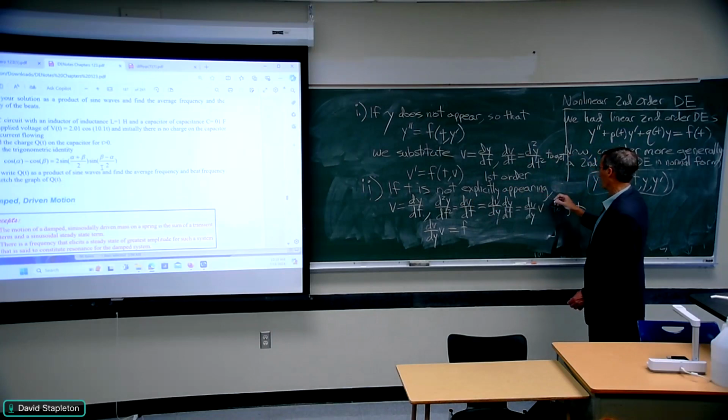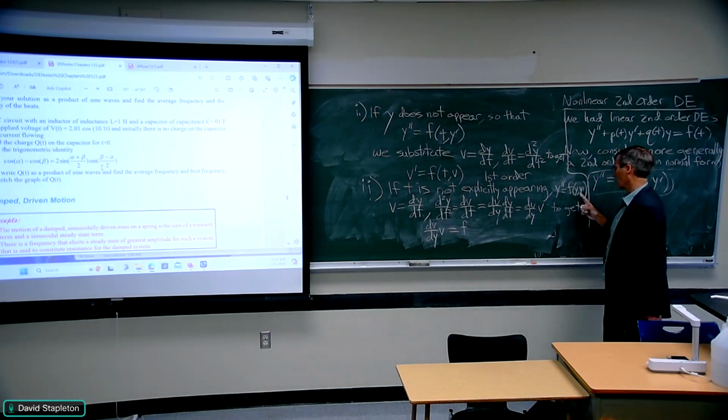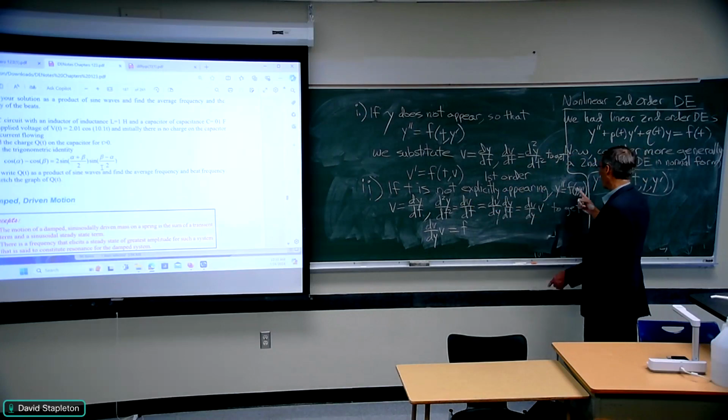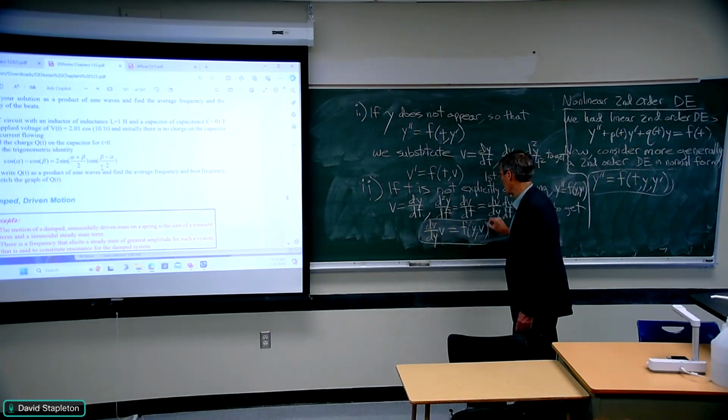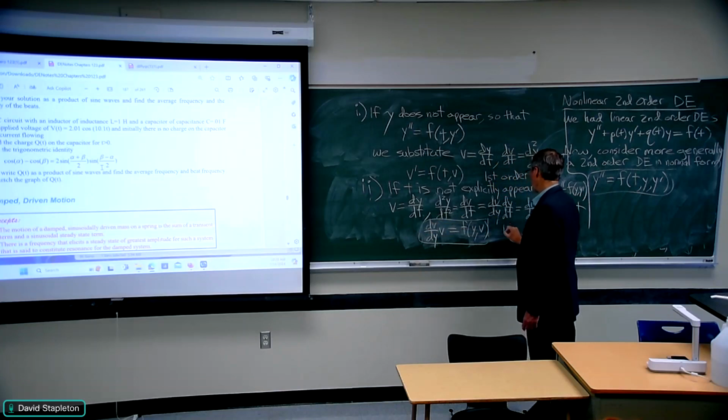So if t is not explicitly appearing, you have an equation y double prime equals f of y and y prime. If this is the equation, with no t appearing, then you make the substitution, and y double prime becomes dv/dy times v. This becomes f of y and v, since y prime is v. So now you have a first order equation for v and y.